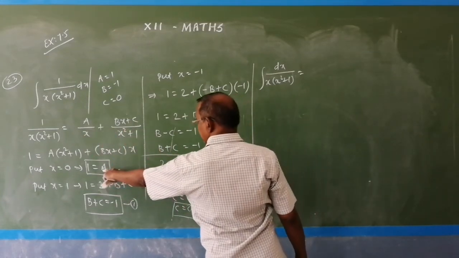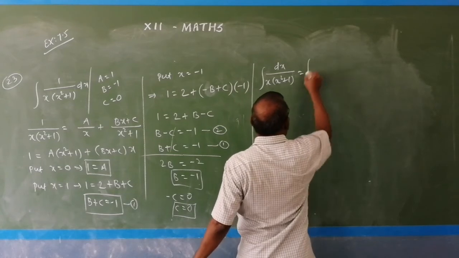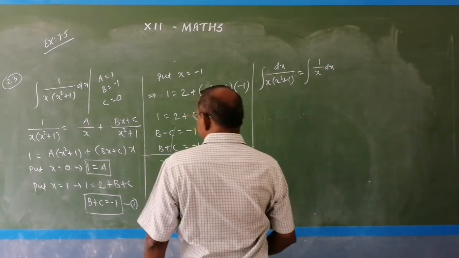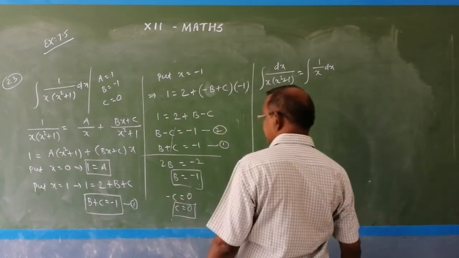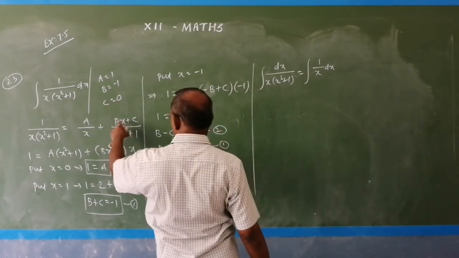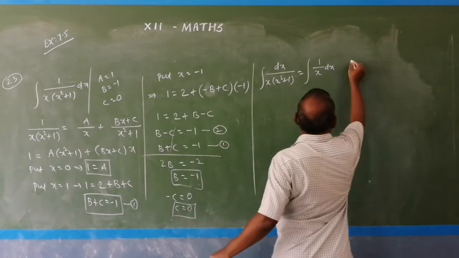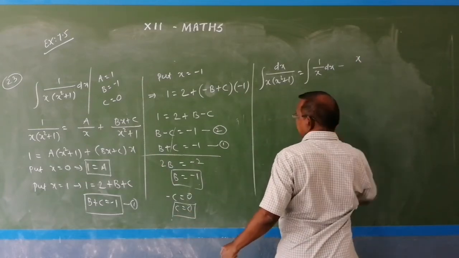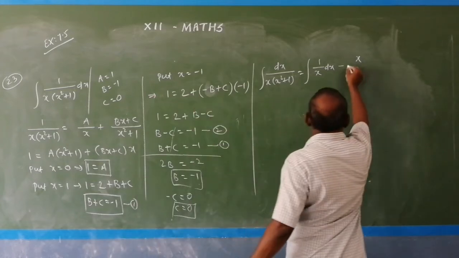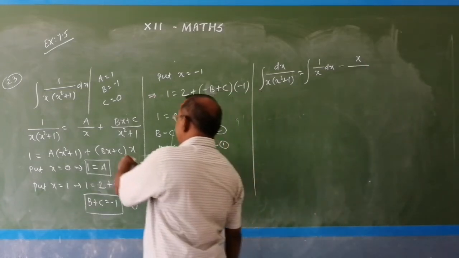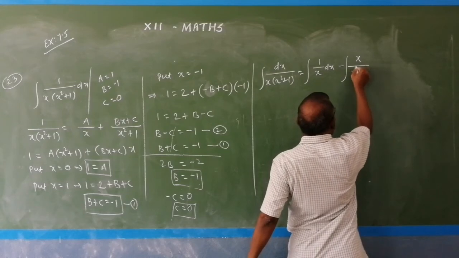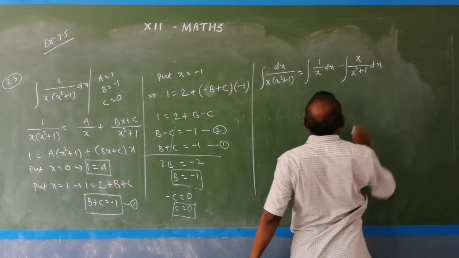So, 1 by x, integral 1 by x into dx, and bx plus c, b equal to minus 1 means minus x, plus c equal to 0. So, leave that, divided by the denominator x square plus 1. So, integral of x square plus 1 into dx.